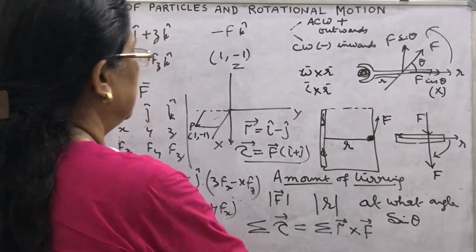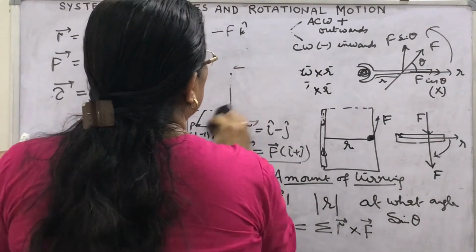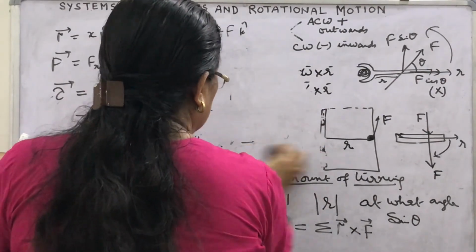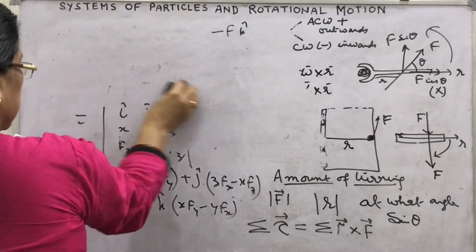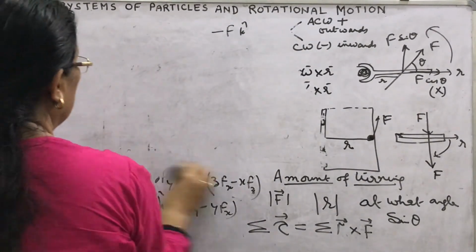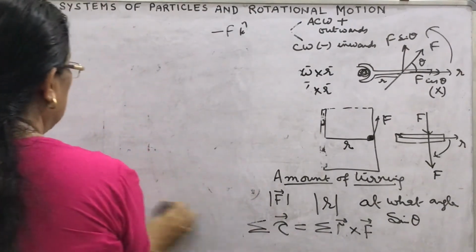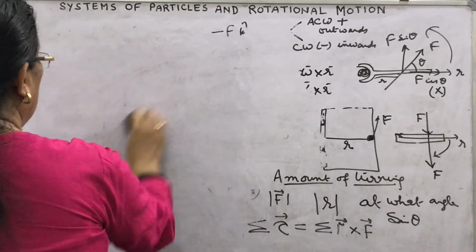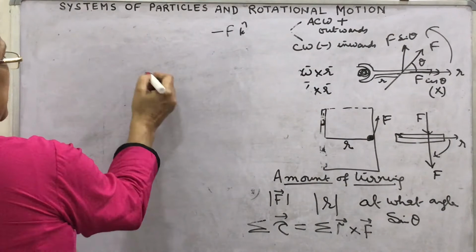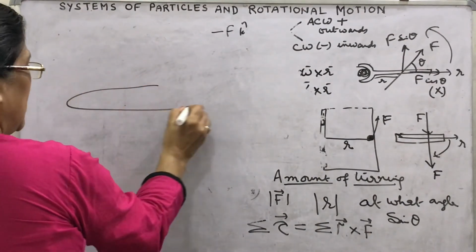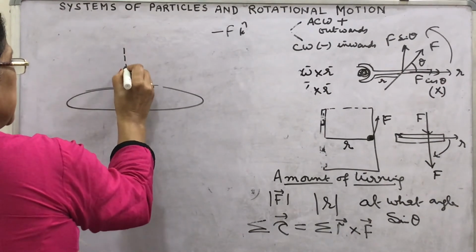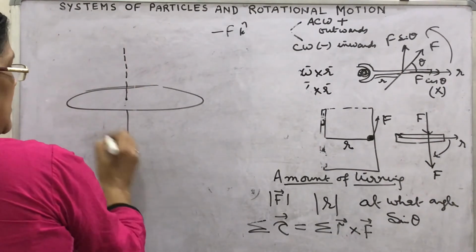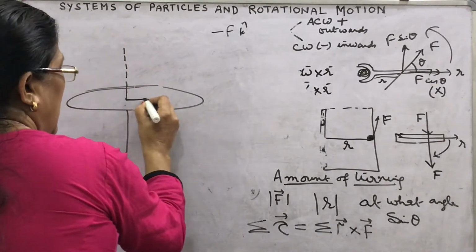Look, I have taken the example of a disc pivoted at a point. I'm showing it like this. This is the disc, it is pivoted here and the axis is passing through it.